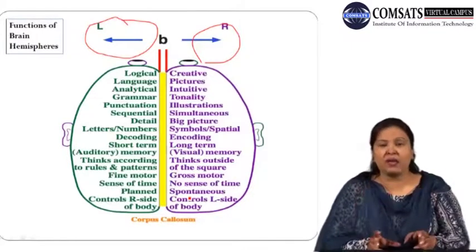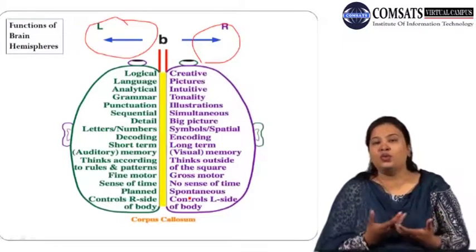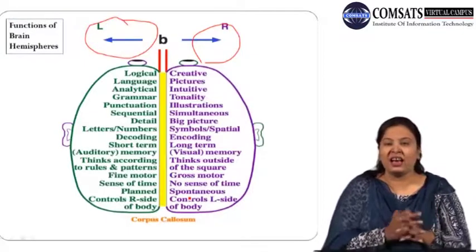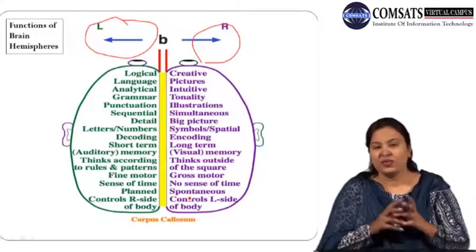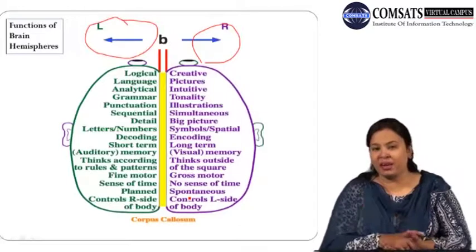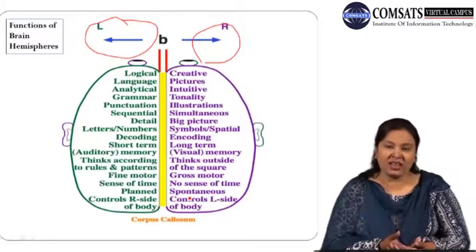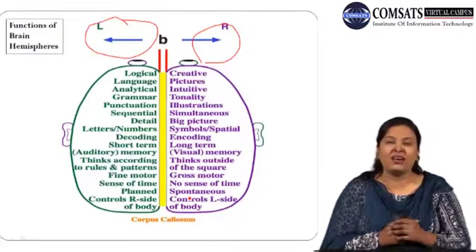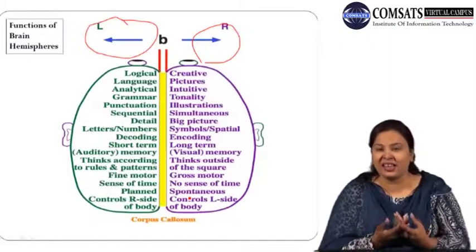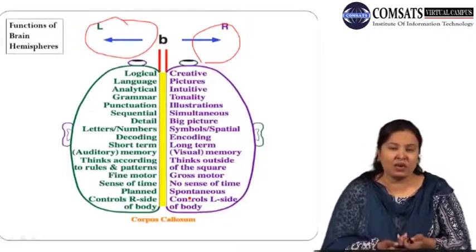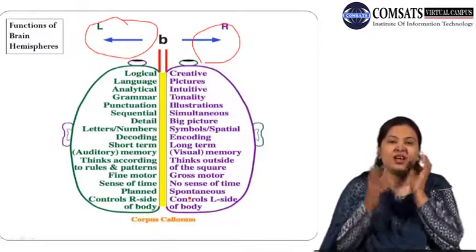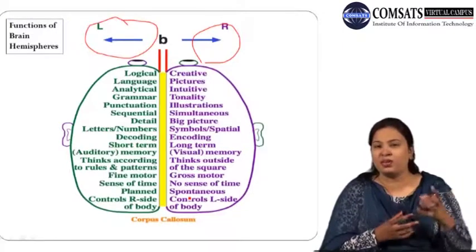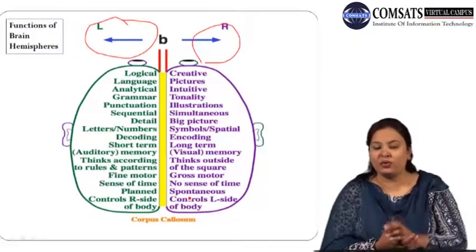And as you can see from the list of all these things, the majority of the language functions are performed by the left hemisphere, whereas a few of them are also linked with the right hemisphere, where the creativity factor is there, where the prosodic features are involved, or where, for semantic or figurative understanding of concepts, you store certain pictures or illustrations. So both hemispheres contribute, but the left hemisphere is more responsible for language.